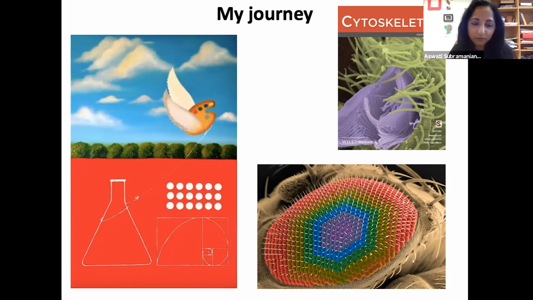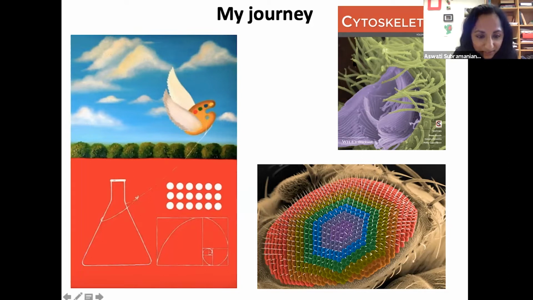So ever since I was a kid, I was always leading two parallel lives. To the left, you see one of my paintings that is also in my office, where I've tried to explain my need for both science and art. They are seemingly different worlds, but for me, maintaining an equilibrium is when I'm able to combine those worlds.